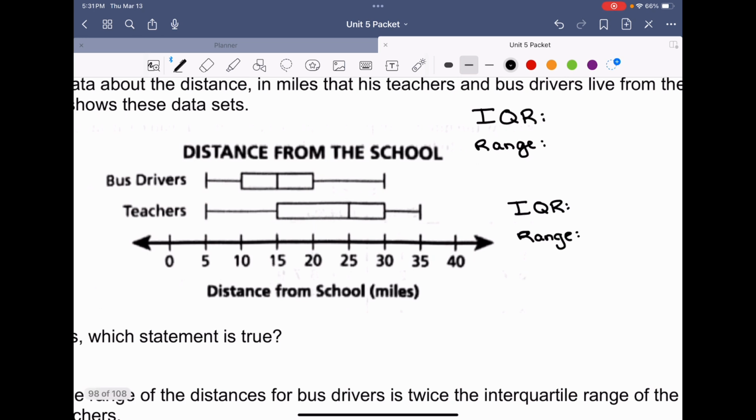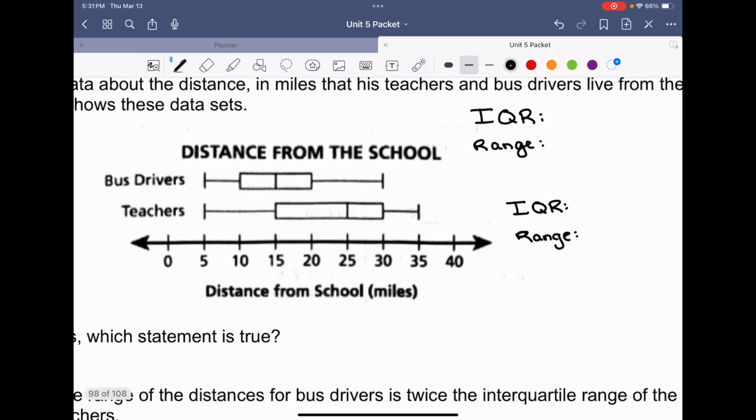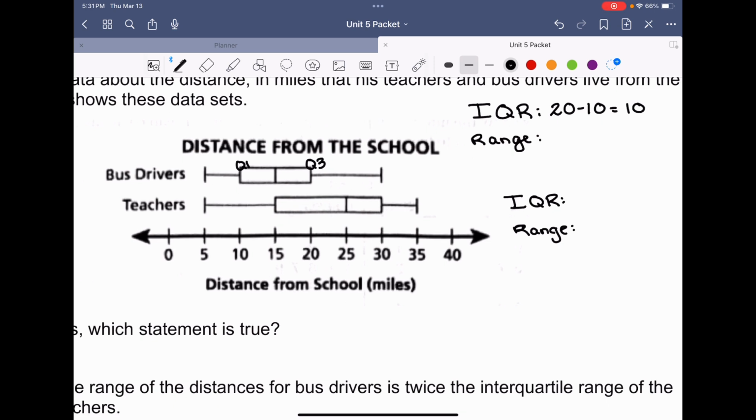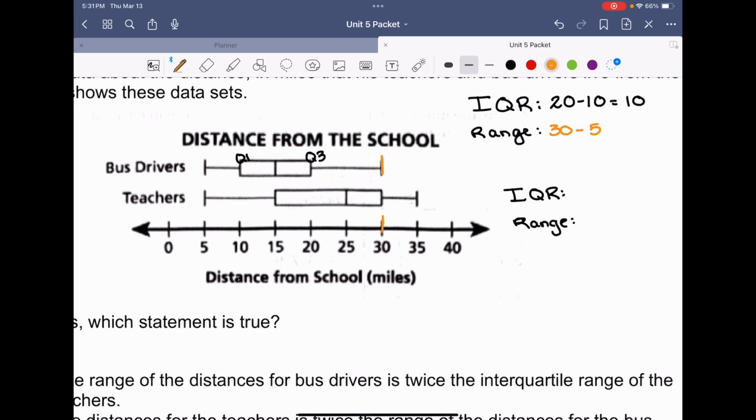Okay, so interquartile range for my bus drivers. Remember, quartile 1, quartile 3. So I've got 20 minus 10. For my range, I'm going to have 30 minus 5, which is going to be 25.